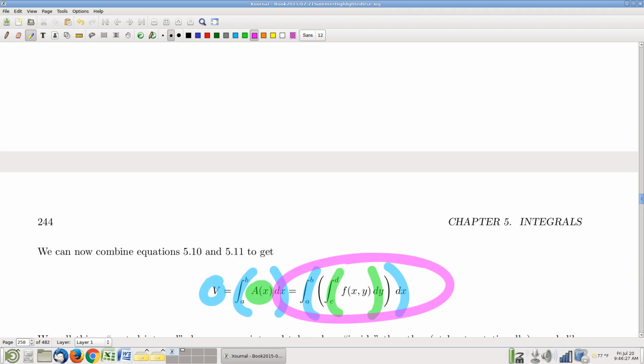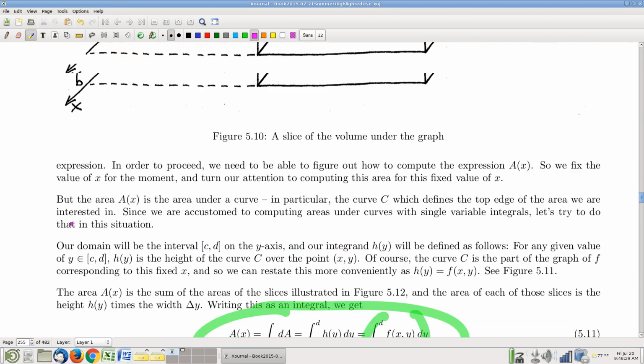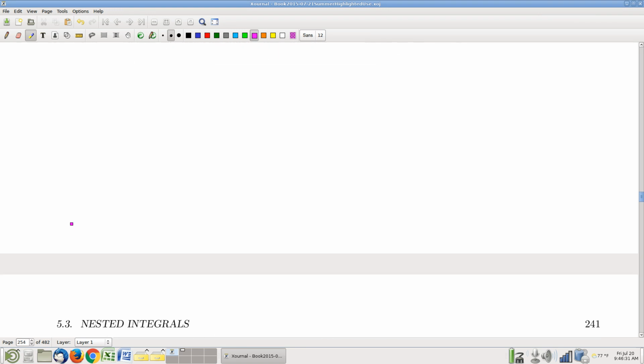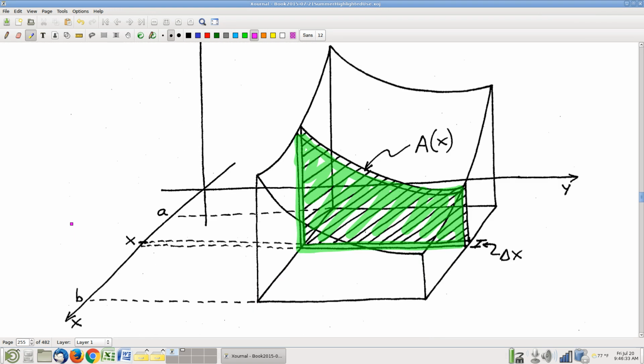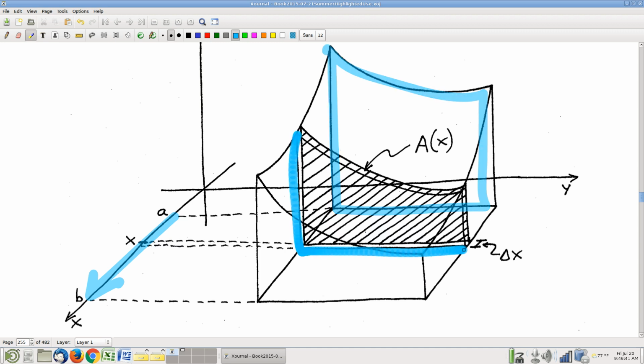Let's look through the pictures and see that happening here. For the outside integral, we're slicing as x goes from a to b and looking at these different slices that we get along the way. So it's in the x direction.